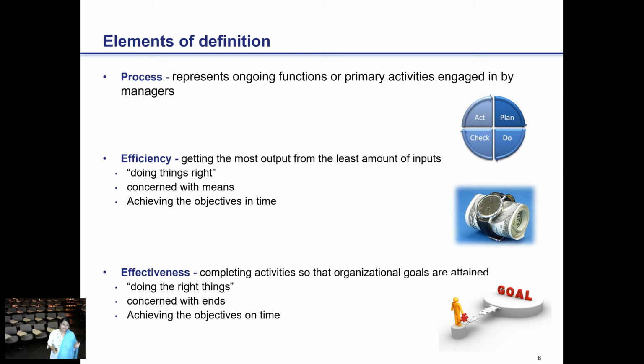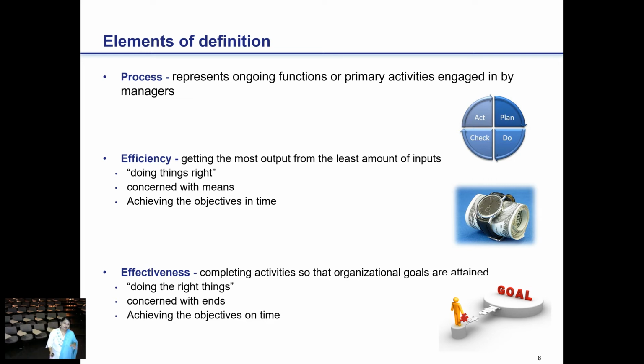So what is efficiency? Now I'll give you the meaning of these two terms, very important elements of management. What I'm telling you from the beginning, I'm giving you the meaning now. It is called efficiency and effectiveness. So efficiency: getting the most output from the least amount of input.